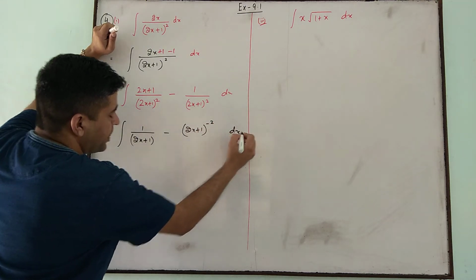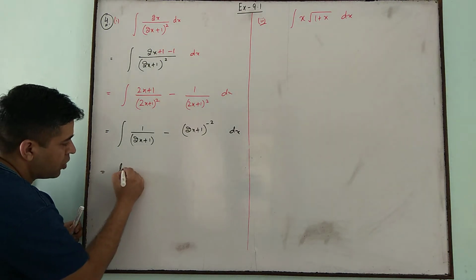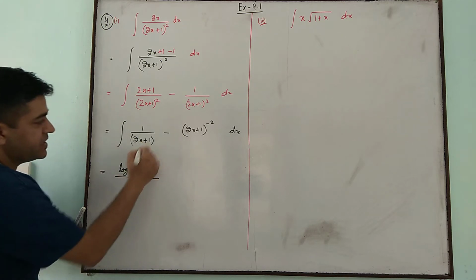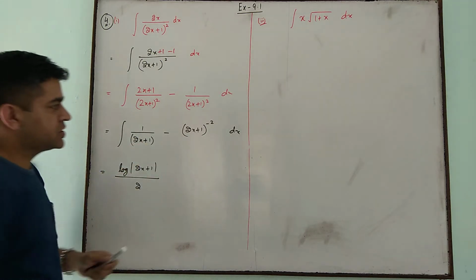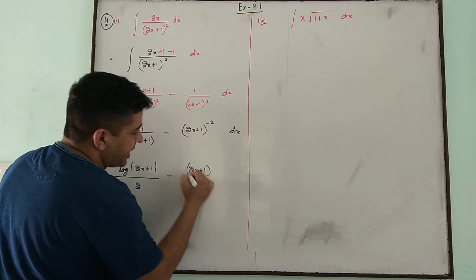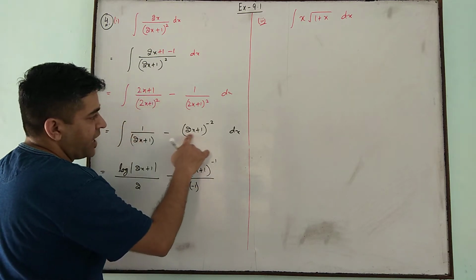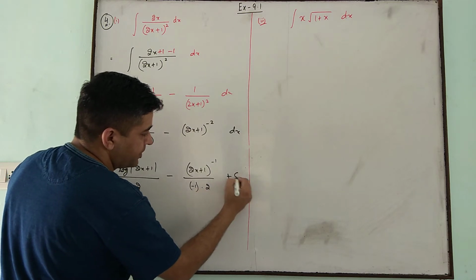minus 2. And integral of this is log of 2x plus 1, as it is linear, divided by the derivative of this. For this power minus 2, minus 2 plus 1 is minus 1, upon minus 1, and derivative of 2x plus 1 is 2, plus c.